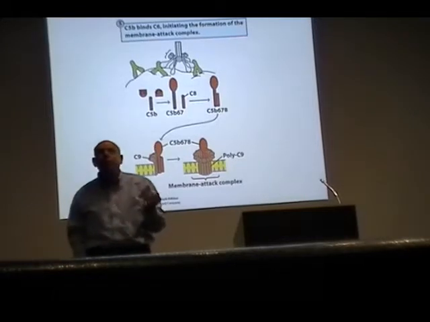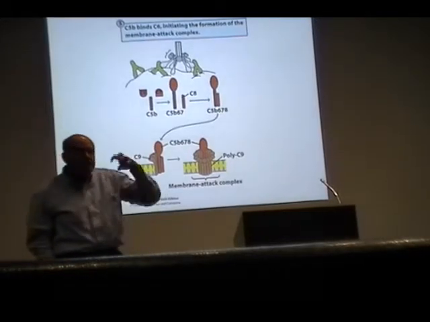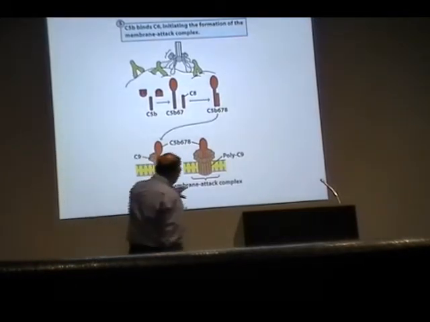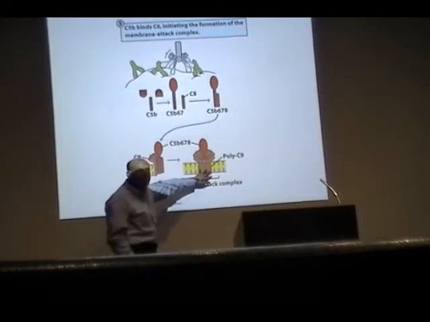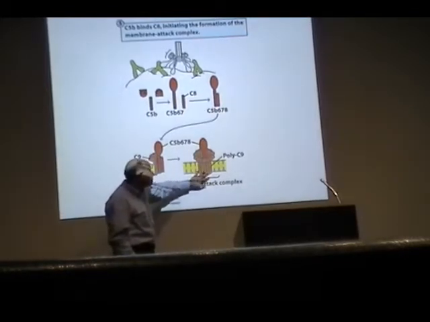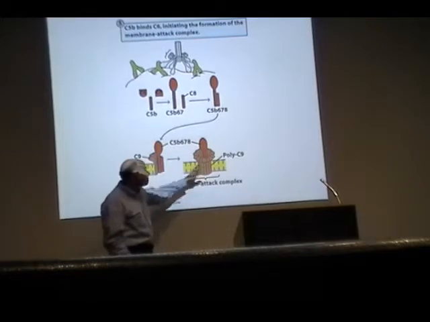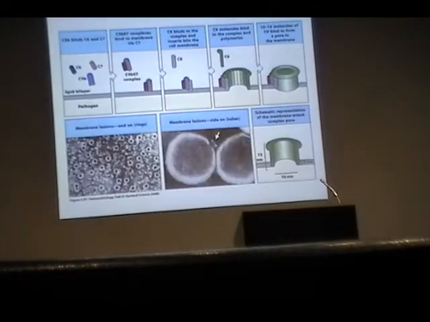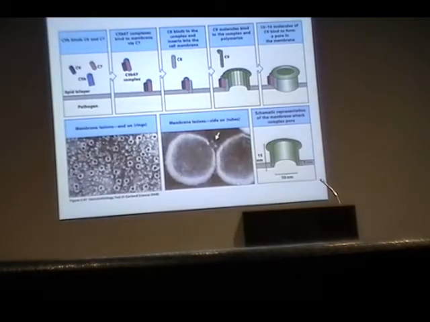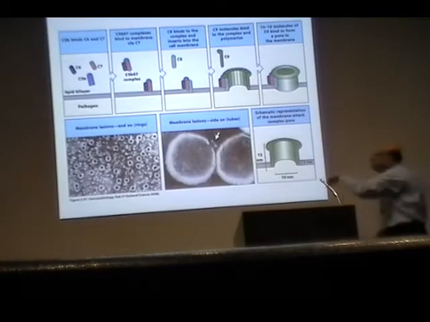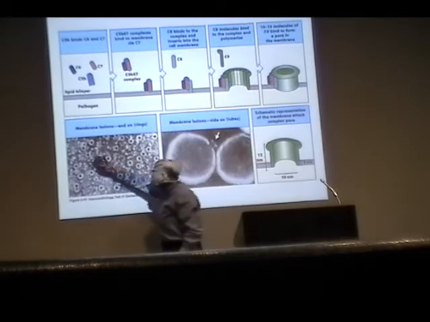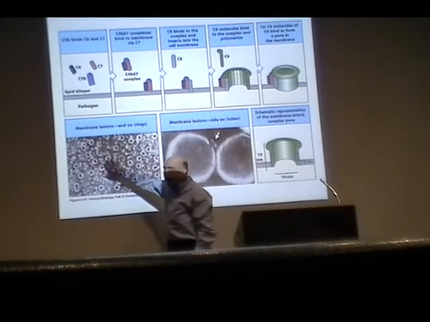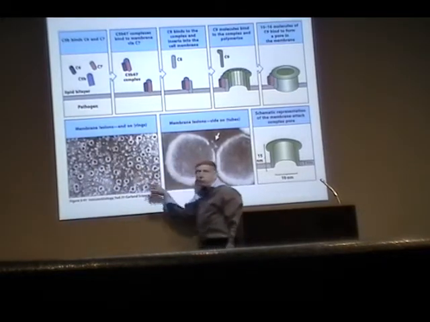It is a pore. I think I have a picture, the structure looks a lot like this, so this cartoon is kind of accurate. There's a different cartoon. Here's actually a picture of the membrane attack complex on a bacterial surface, and all these are pores.